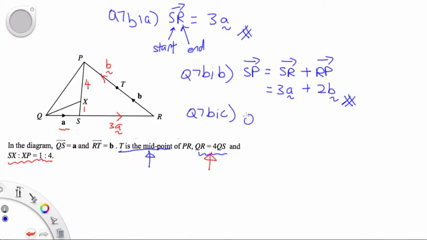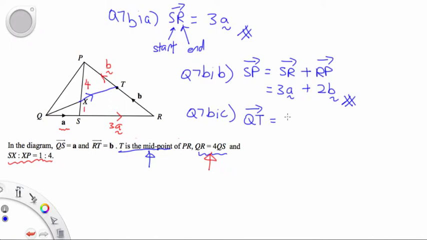Now next, QT. From Q to T, you can use a ruler to join up. Q to T, so this is what you want to find. To find QT, same thing.